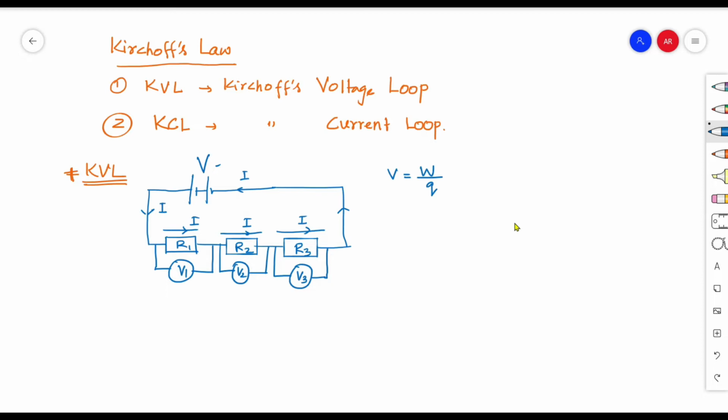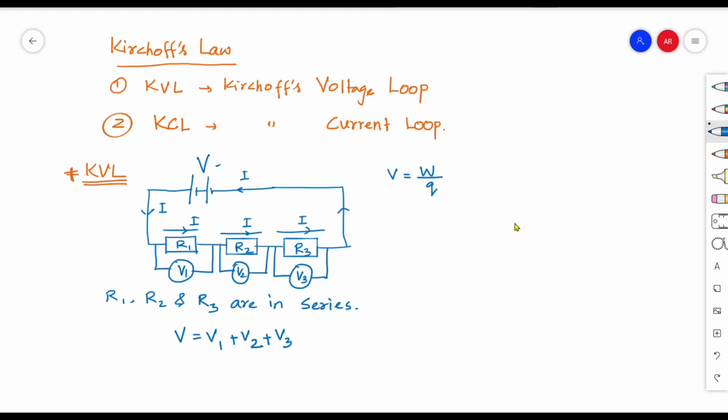What work is done by 1 unit charge to flow through the circuit is known as EMF, and what work is done by this 1 unit charge to flow between 2 points across a resistor is what we call potential difference.